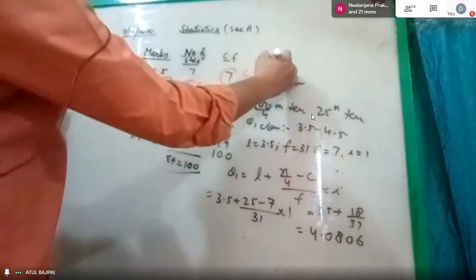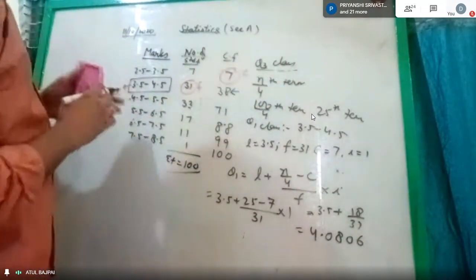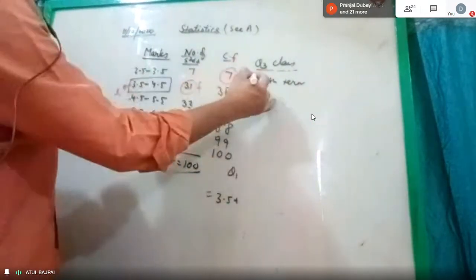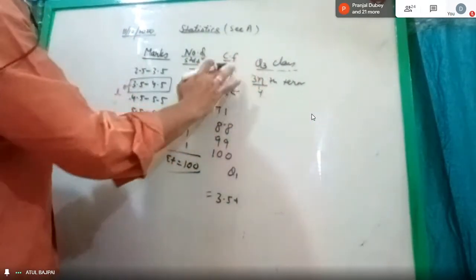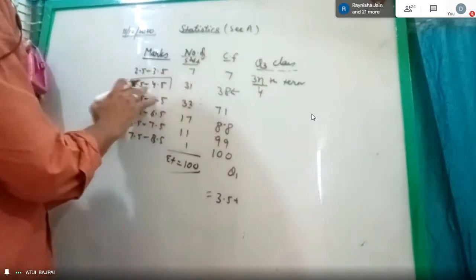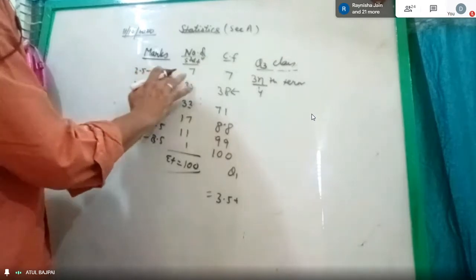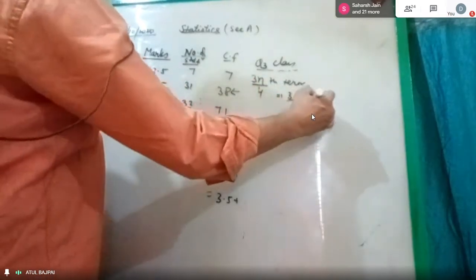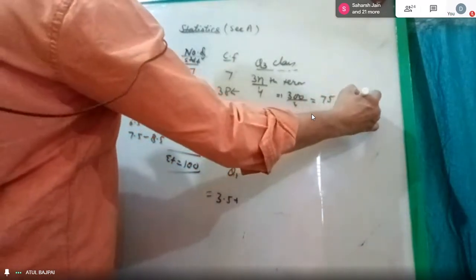For the Q3 class, what will be the change? The change will be in the formula: 3N by 4. That is 300 by 4, the 75th term. Yes or no? Check.